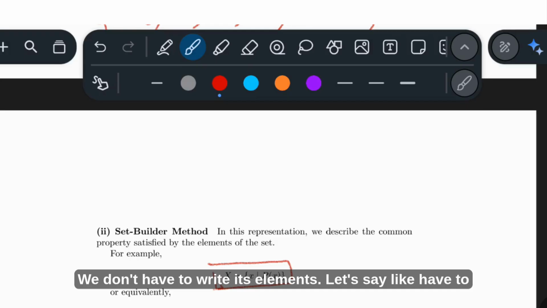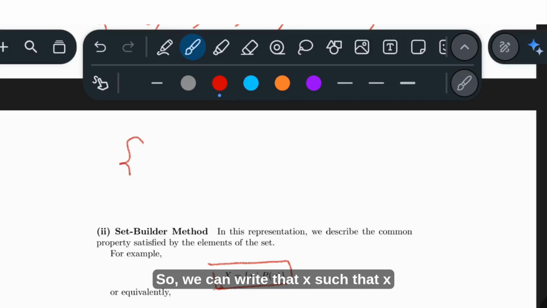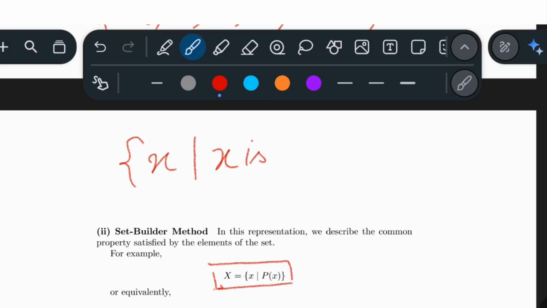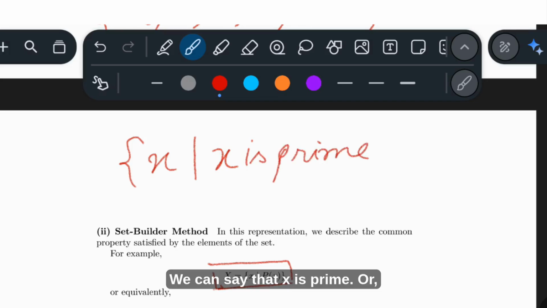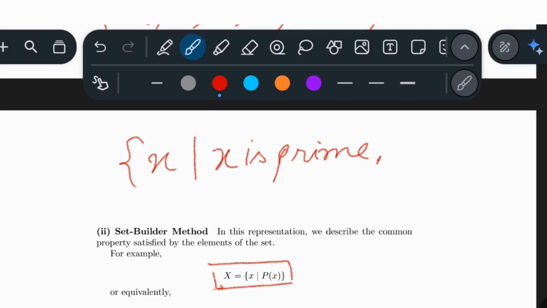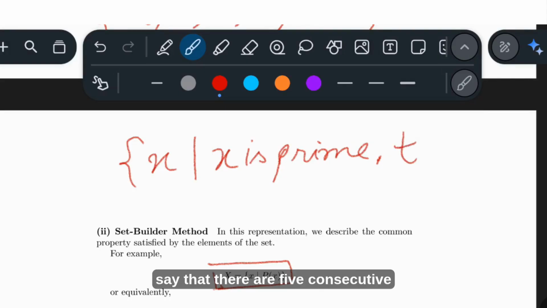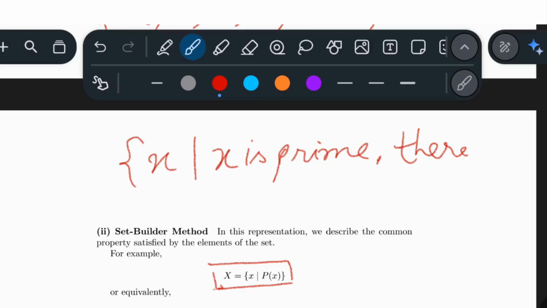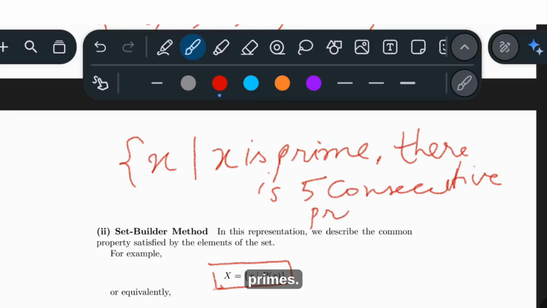Let's say I have to write the set of five consecutive primes: we can write x such that x is prime and there are five consecutive primes.